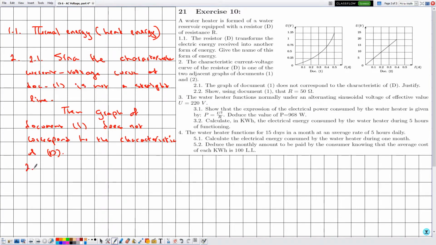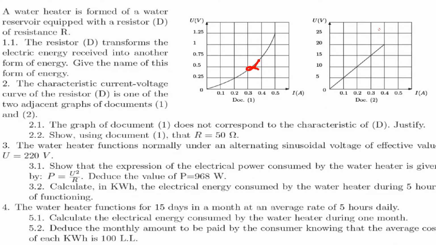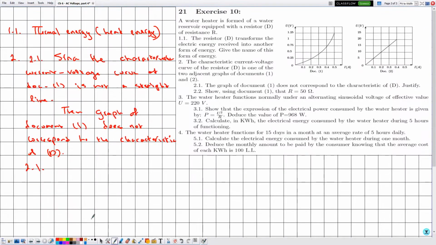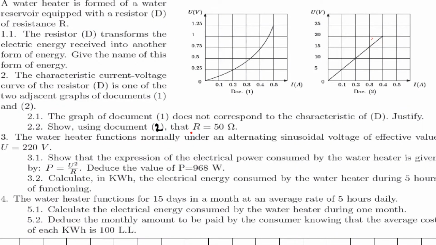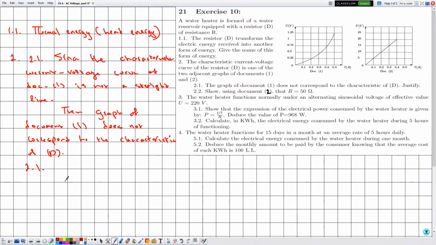Now in number 2.2, after we have eliminated the choice that document 1 corresponds to D, we are left with document 2. They are telling me show using document 2 that R is equal to 50 ohms, so we need to determine R graphically, and this can be done using the slope method that consists of several steps.